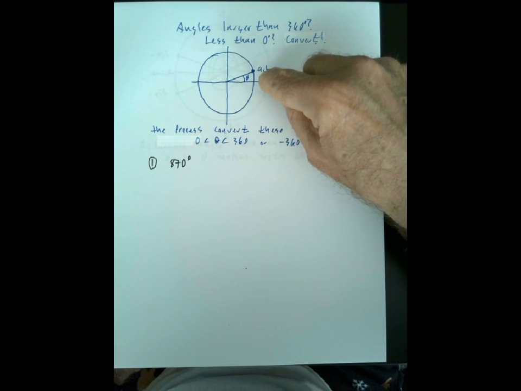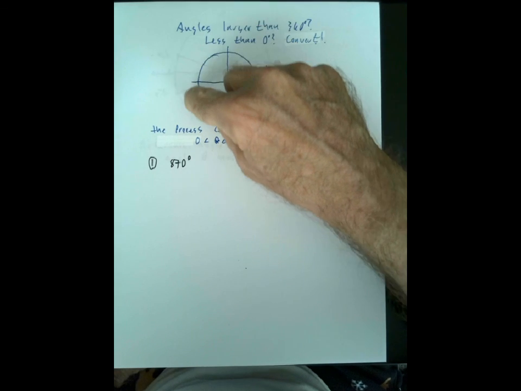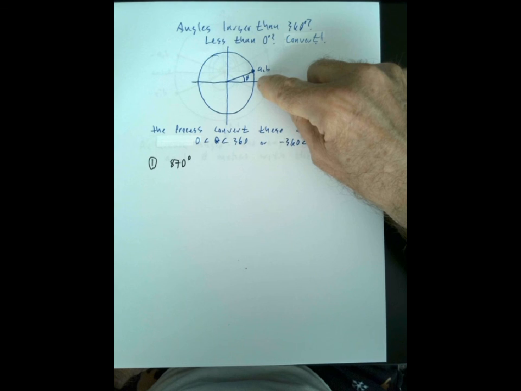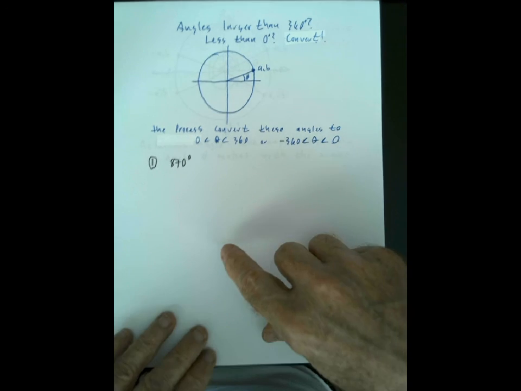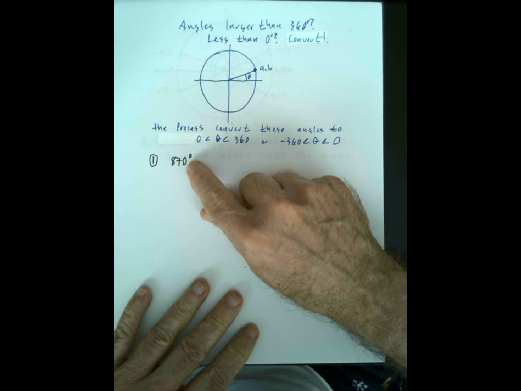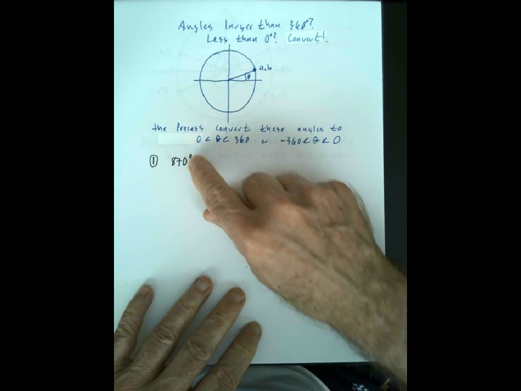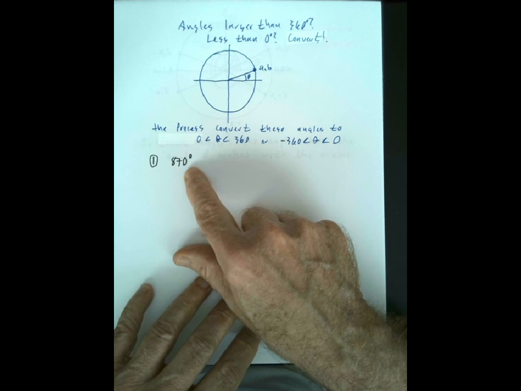So if we start here and measure our terminal side, rotating all the way around like that, it could just keep rotating and get angles more than 360. So what about an angle of 870? What quadrant would 870 be in?